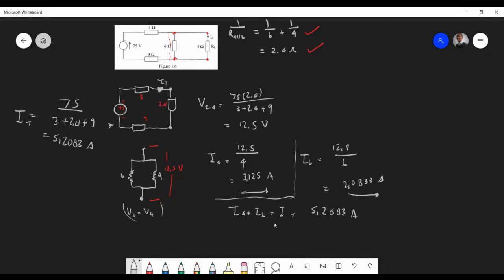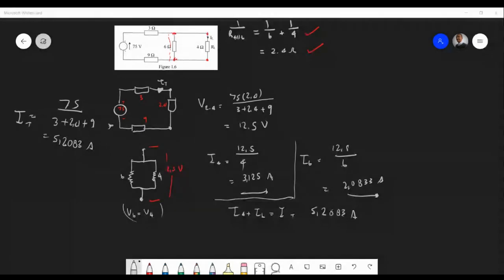I wanted to give you a holistic perspective on how to solve these circuits. Okay, thank you. Now I'm going to go back to my slides and do some practice, and then I'll go back to explaining, and then we can solve more circuits.